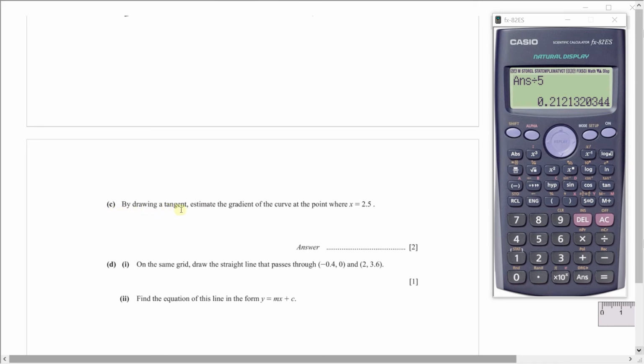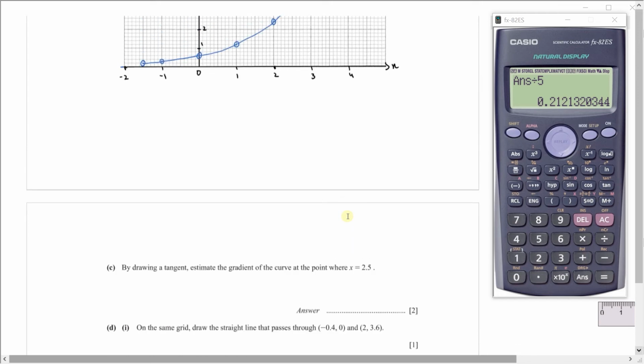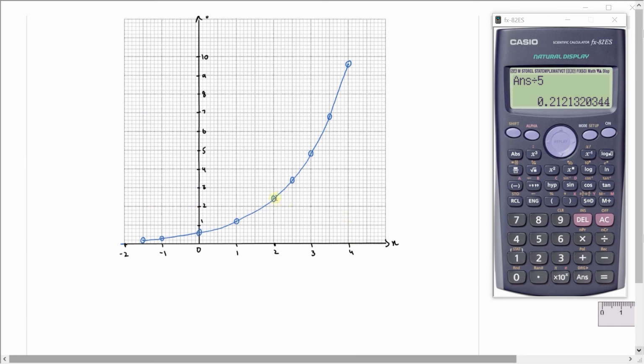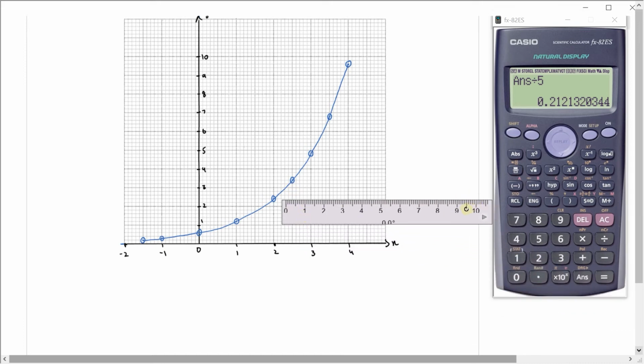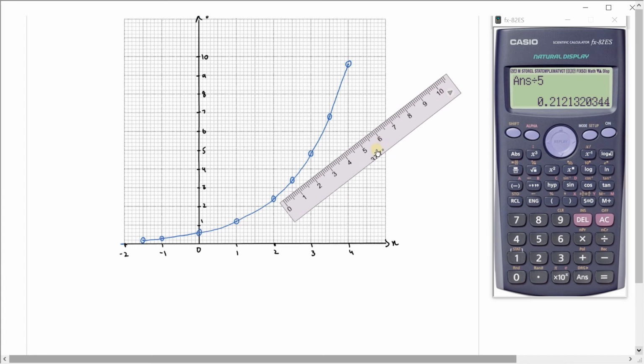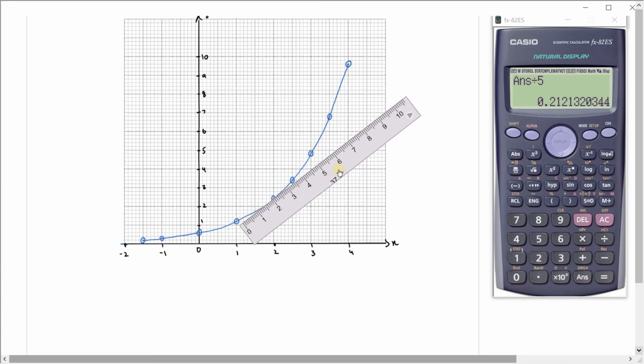The next part is by drawing a tangent, estimate the gradient of the curve at x equals 2.5. So we have to basically draw a line that touches this curve at x equals 2.5, which is this point here. So let me bring in my ruler. I will align it such that the line just touches the graph at x equals 2.5. It's a little bit more.